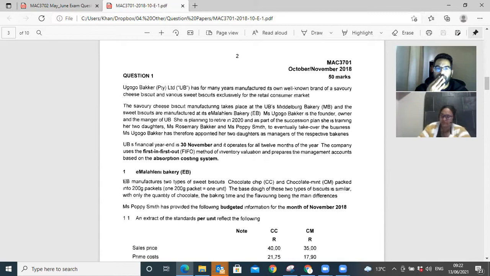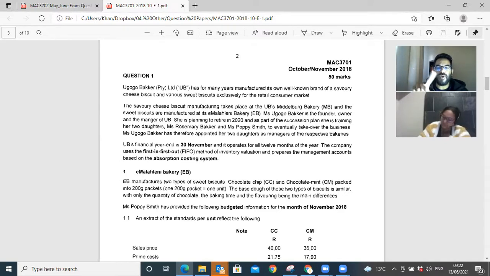Now, the variable costing system or the direct costing system includes direct material, direct labor, manufacturing overheads, but which manufacturing overheads? Only variable manufacturing overheads. Whereas the absorption costing system also has direct material, direct labor, and manufacturing overheads, but in this case, the manufacturing overheads are both variable and fixed.